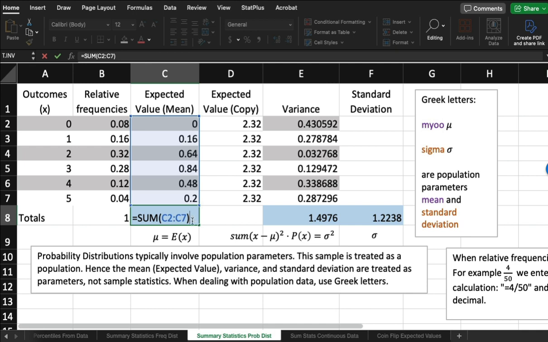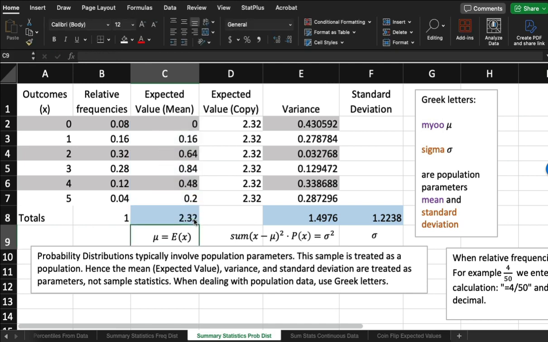So just sum up all those values in column C and you get your mean or expected value, which just means that on average we expect patients to ring the nurse approximately 2.32 times on average.